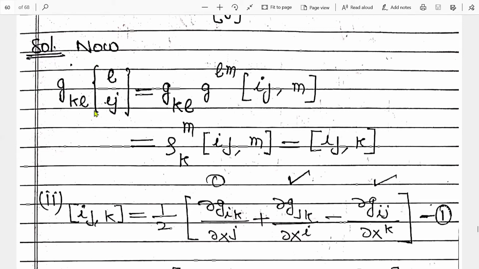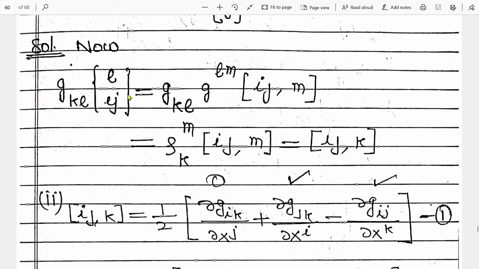Now substitute the value of the second kind. Here it is l. Now we introduce a new variable, suppose m. We can use any variable, because k and l are already used, so we use m.